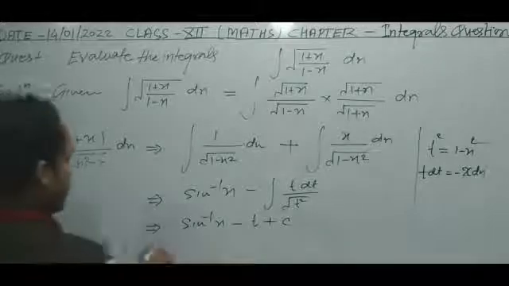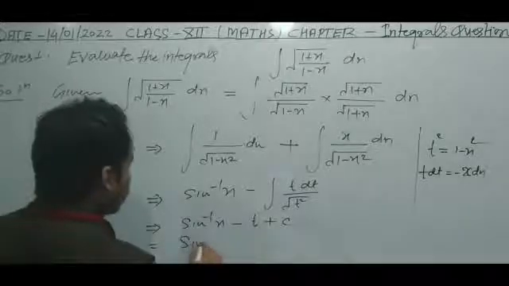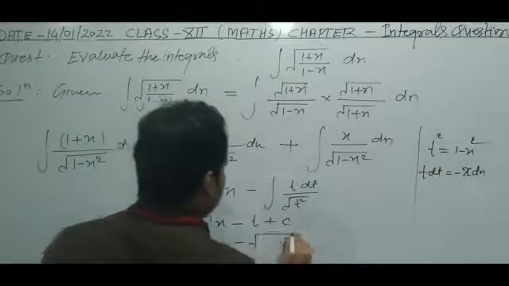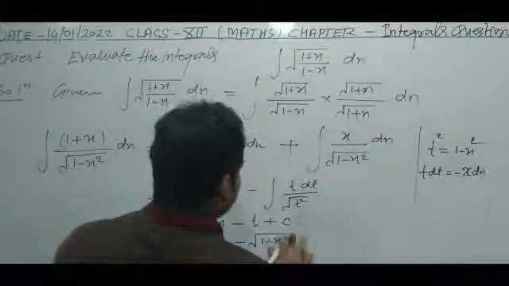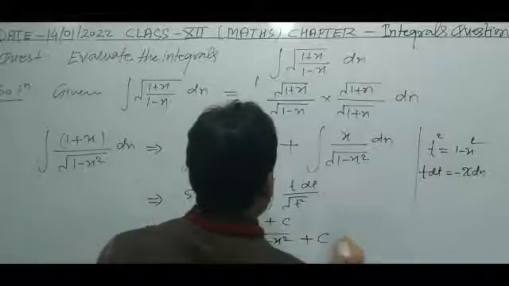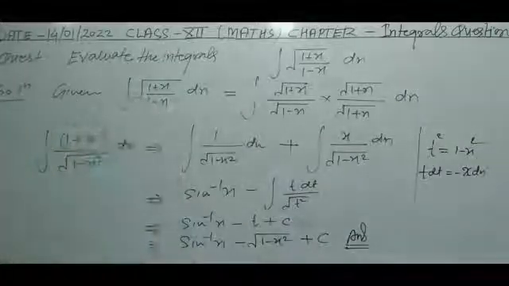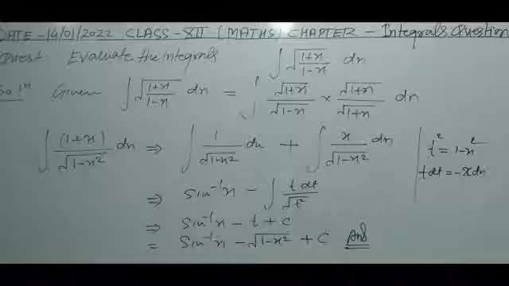Now we can write sine inverse x minus root over 1 minus x square plus c. Now this is the answer. This question is totally completed.